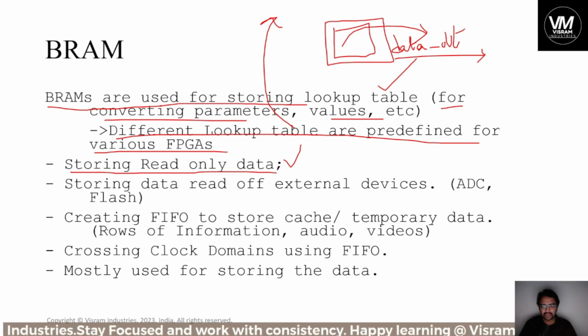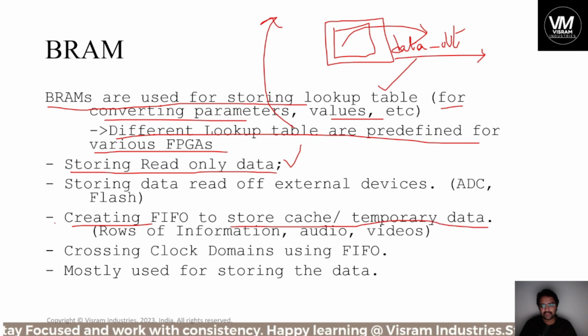Okay. Creating FIFO to store cache or temporary data. As we know, FIFO is one kind of application at the IO buffer stage. It is one kind of hardware architecture, or realization of the hardware, where it pushes the data, or transfers the data from one input to another, like between two modules, between two peripherals, or between two elements which communicate with respect to the data.